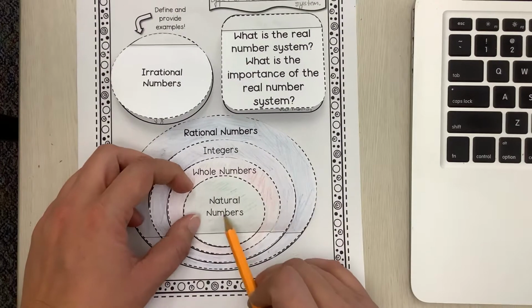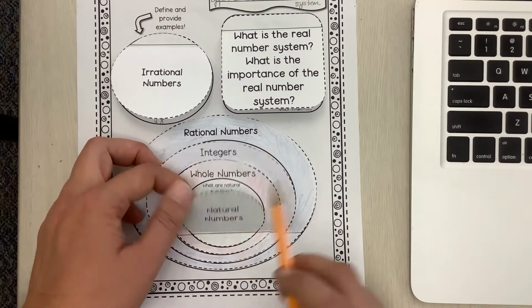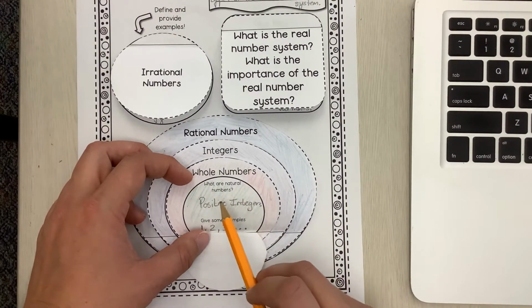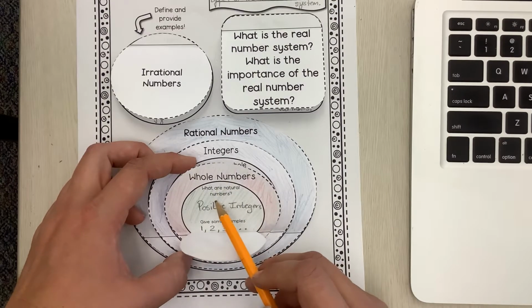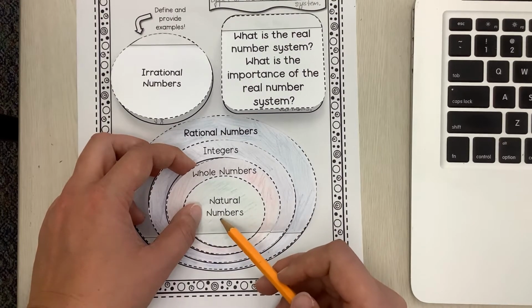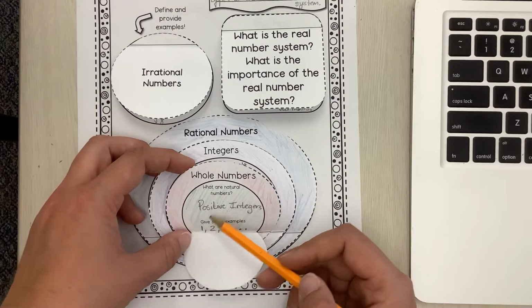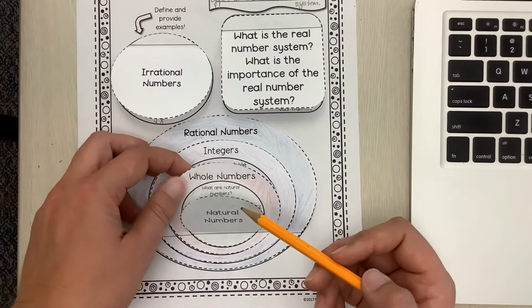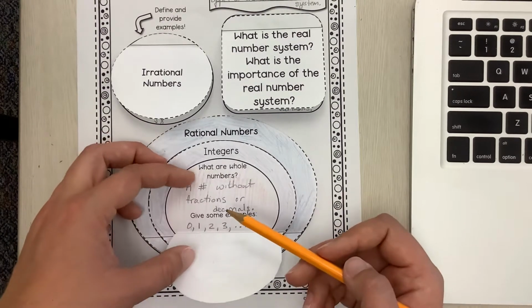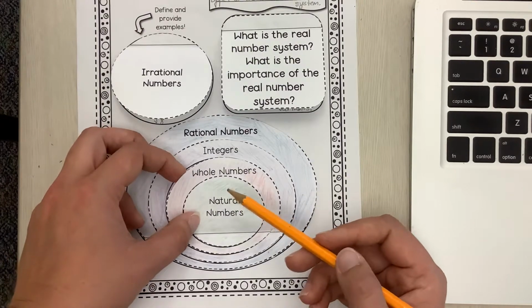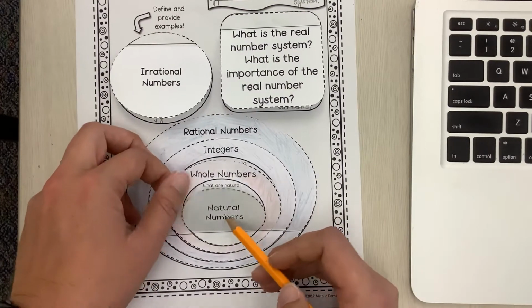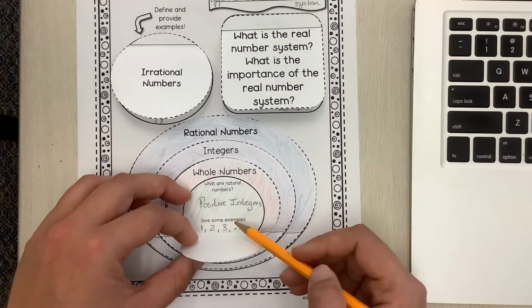So as you can see, all natural numbers go inside whole numbers. And we add one with whole numbers that does not go in natural numbers, because 0, okay? All right, so natural numbers are just positives.